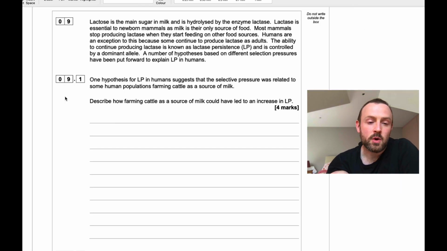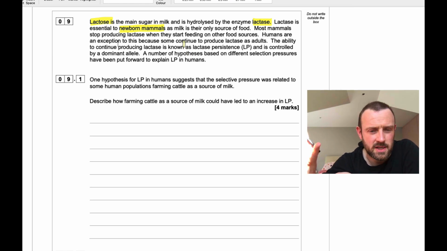Okay, question 9. Lactose is the main sugar in milk and is hydrolyzed by the enzyme lactase. So lactose and lactase, don't get them muddled. Lactase is essential to newborn mammals. So all newborn mammals have it, as milk is their only source of food. Most mammals stop producing lactase when they start feeding on other food sources. Humans are an exception to this because some continue to produce lactase as adults. So like the gene never gets turned off, it keeps being made.